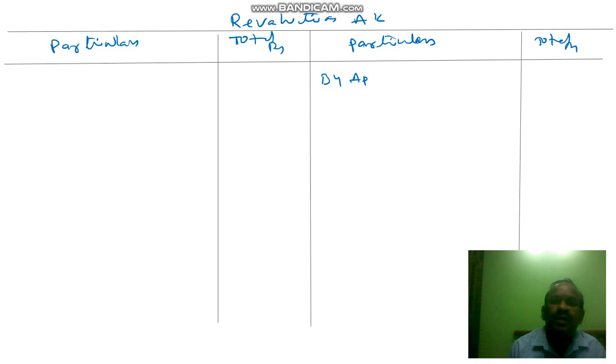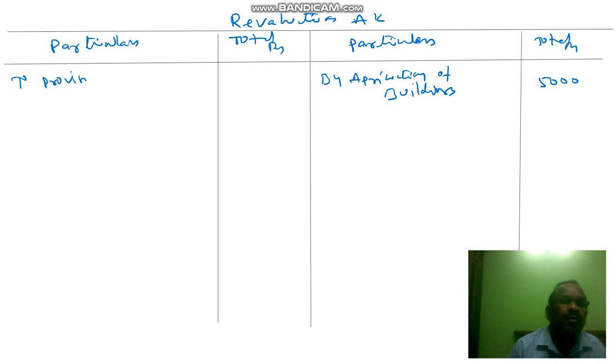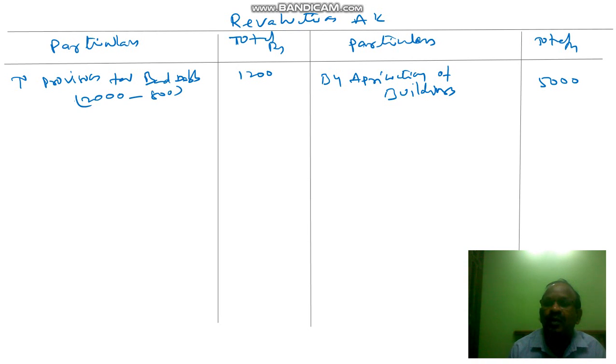By appreciation of buildings, it is 5000. On the debit side is only the provision for bad debts, that is 1200. Already 2000 minus 800. So these are the two only, so we can tally it.